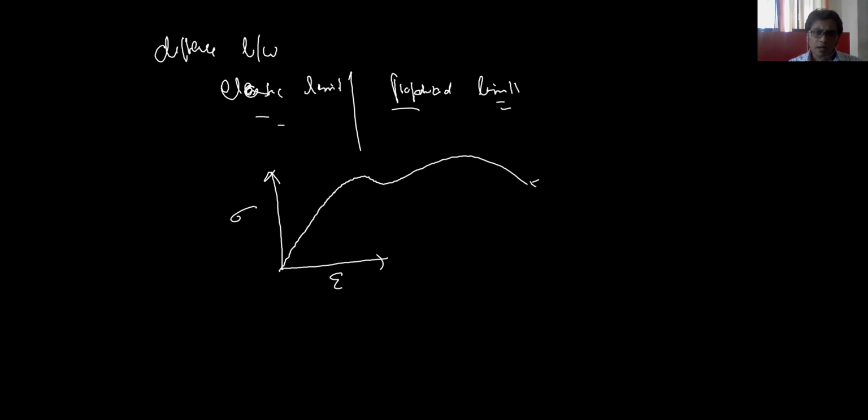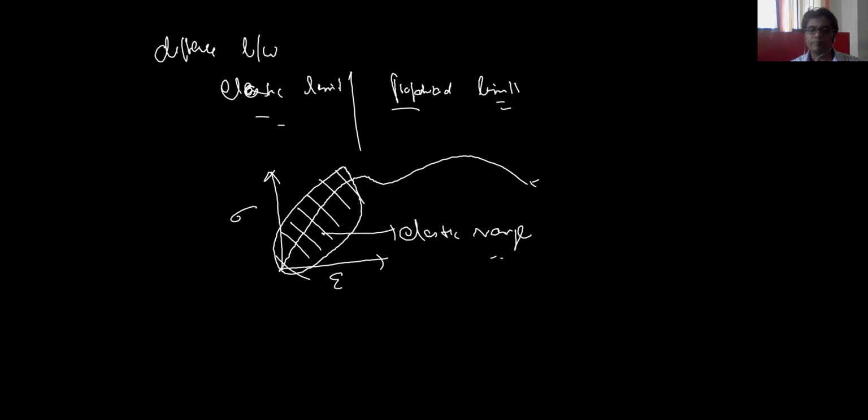Let us go till here. I say that this whole range is the elastic range. Now you will say, sir, in this elastic range you have told that it is a straight line, but I can see a small curve out here, and that also you are saying is in the elastic range. How is that?